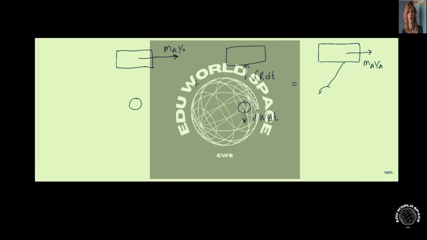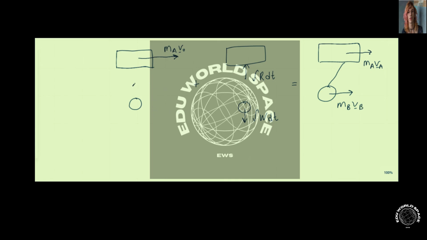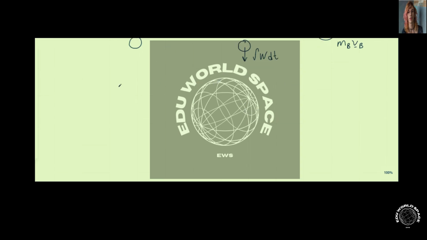The ball reaches its maximum height and moves off with final momentum mb vb. So if we resolve these into the x components, we can solve for vb.